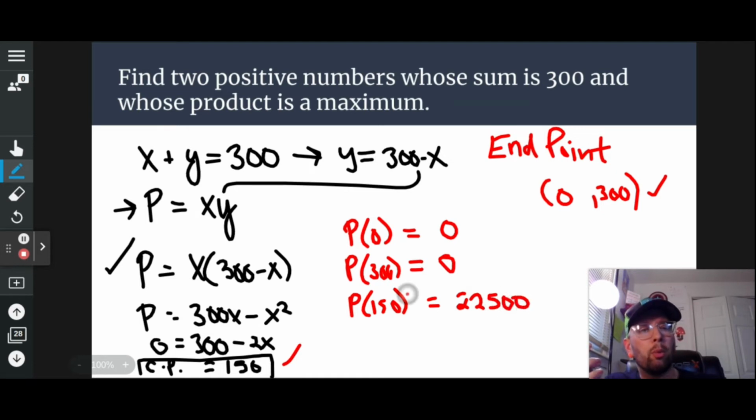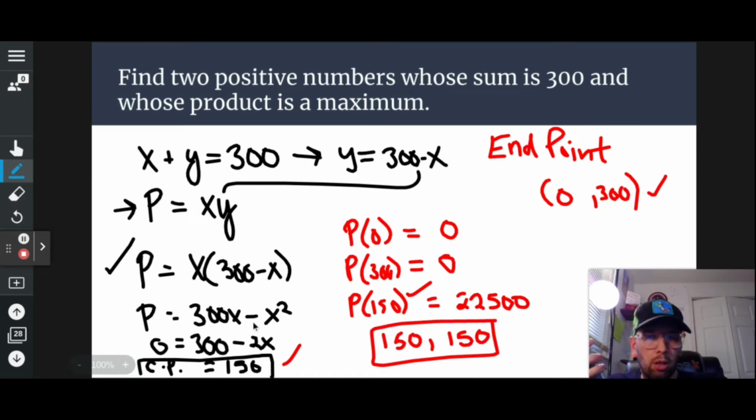And so the numbers that would do that are 150 and 150. We found out that x is 150, and x being 150 is what makes that work, so the other number is going to come from the y. The other number is going to come from 300 minus x, which is also 150.